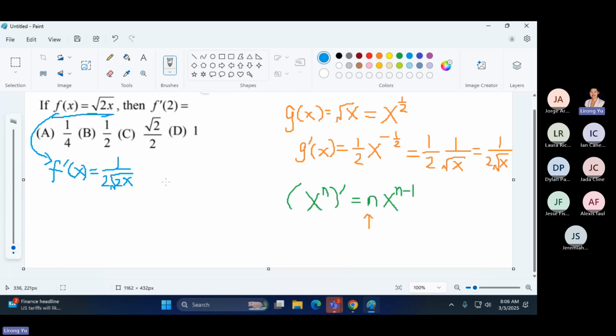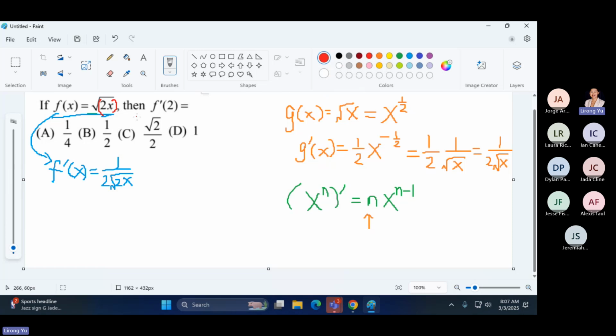But that's not finished. We still have to find the derivative of the inside part. Right now, we're differentiating the root part. The root is the reason we have this 1 over 2 times root. But then you still have to find the derivative of the inside. According to the chain rule, we are trying to find the derivative of the inside function. You don't have to worry about the outside function.